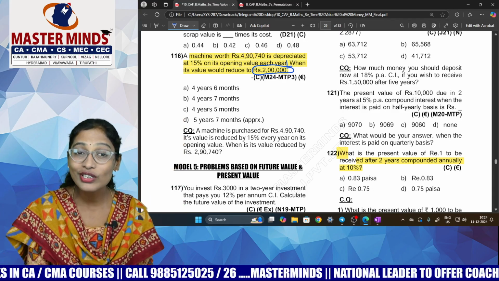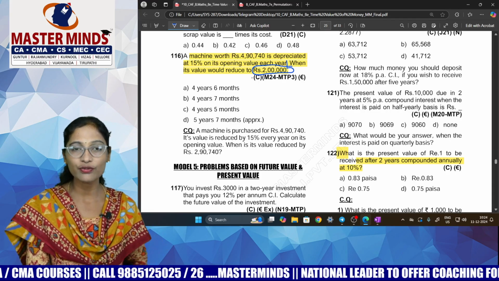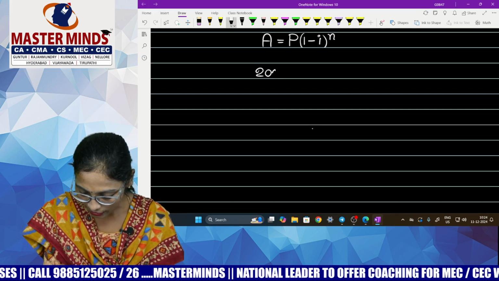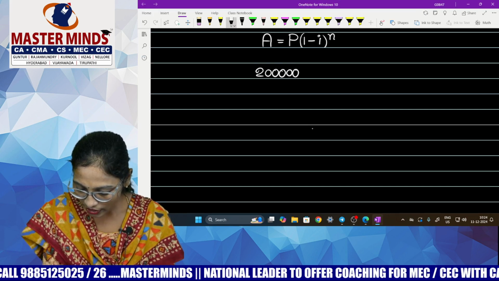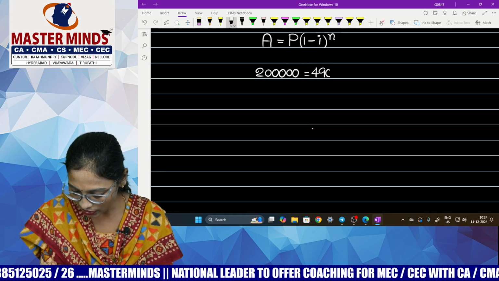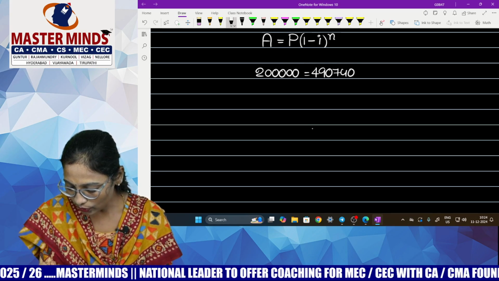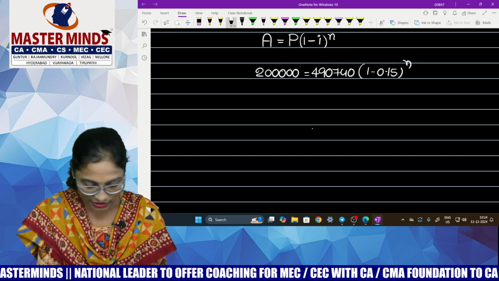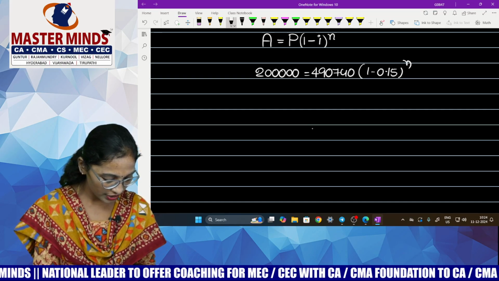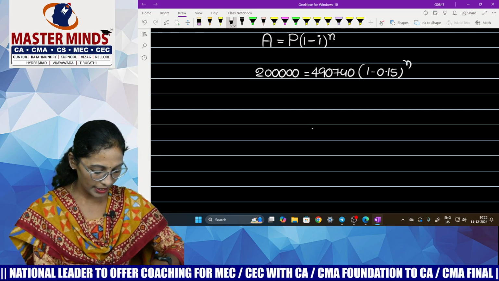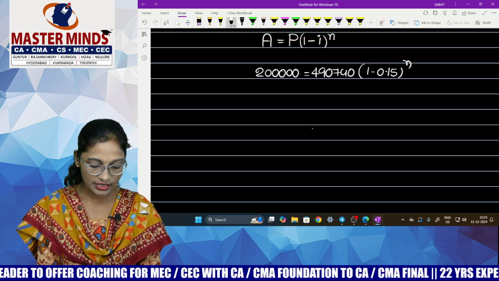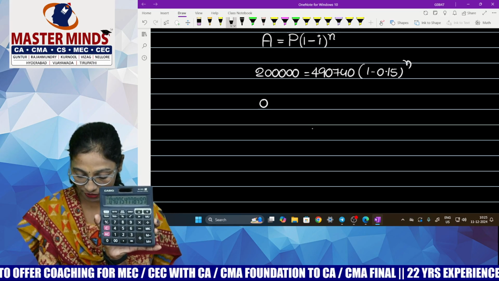So who is your amount? 2 lakhs, and the principal is 4,90,740. So I have to write 2 lakh equals 4,90,740 into 1 minus 0.15 whole power n. First of all, calculate 2 lakhs by 4,90,740, and this is 0.4075. That's what I'm writing.